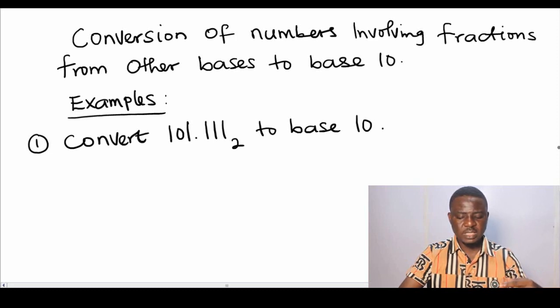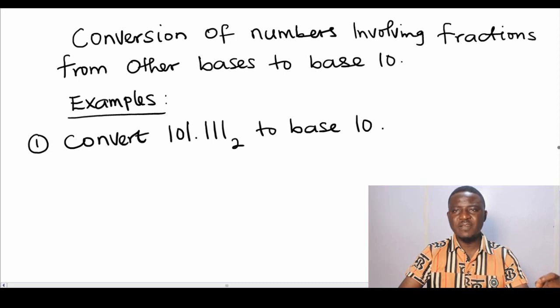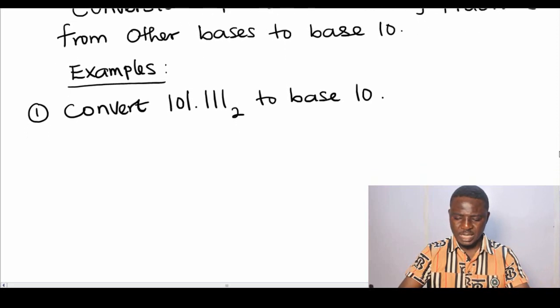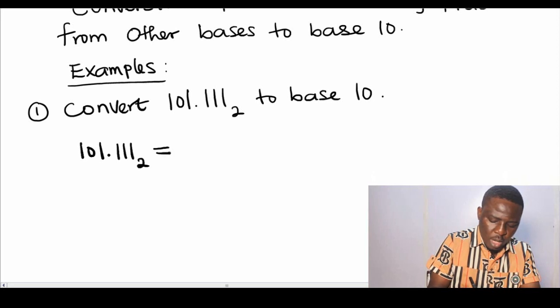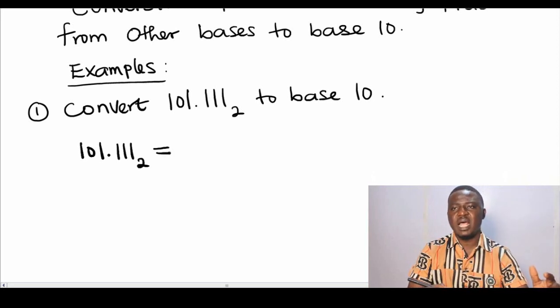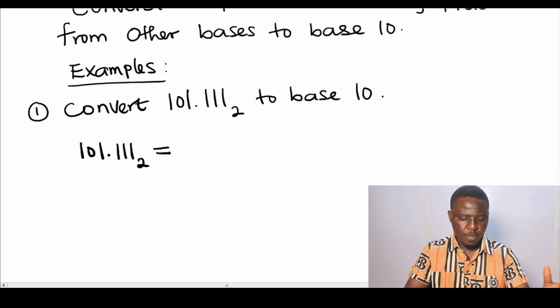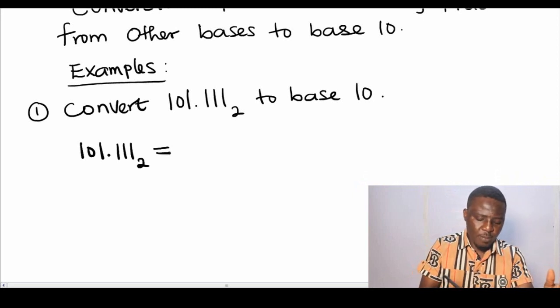For us to convert these numbers to base 10, we have to multiply each of the digits by the base, all raised to a power, and that power is a function of the place values of these digits. 101.111 base 2, I'm going to express in the expanded form.